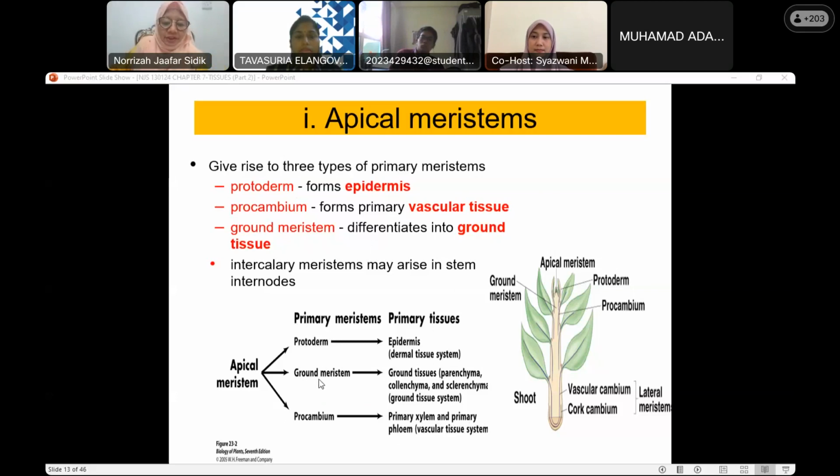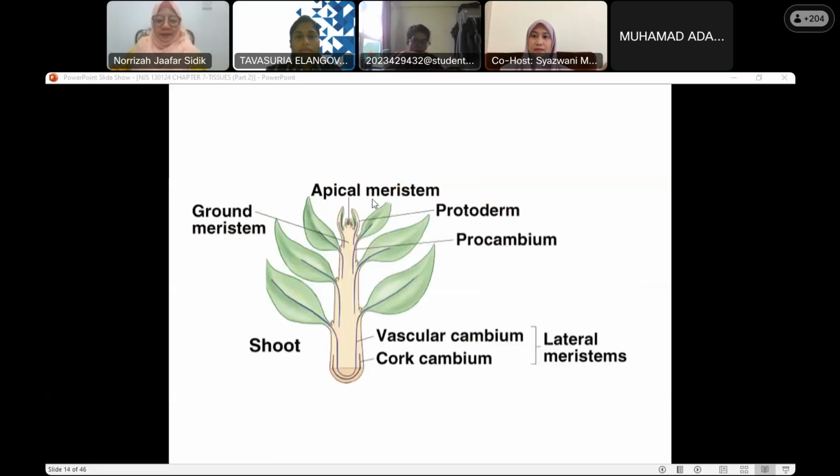And the ground meristem will differentiate into ground tissues, which are the parenchyma, collenchyma, and sclerenchyma. All right, that's for the apical meristem at the shoot tips.